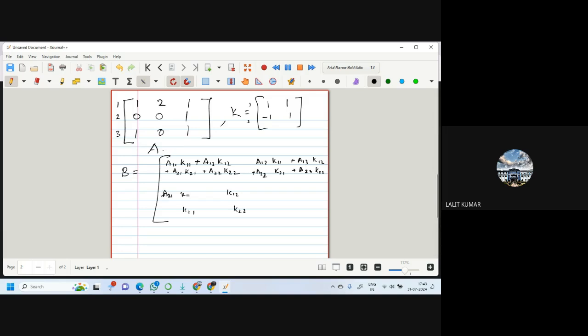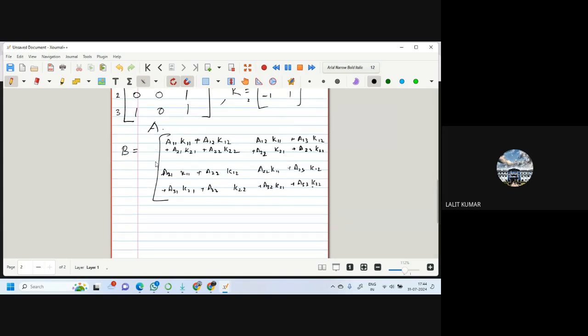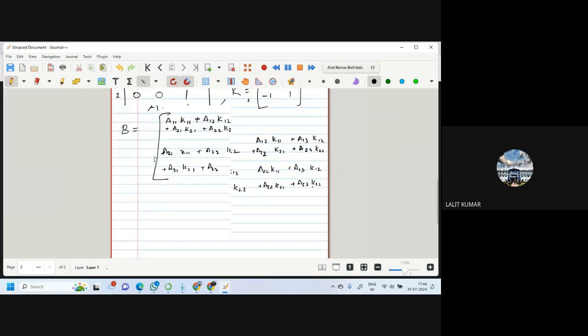Here it will become A21 plus A22 plus A31 plus A32. So see which are the elements which are contributing.